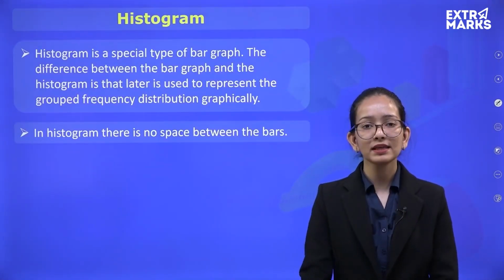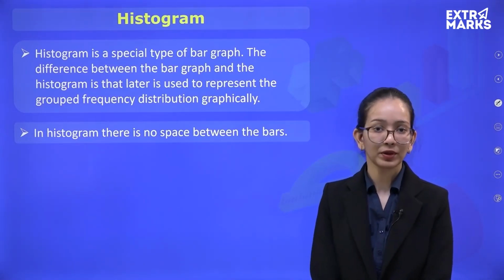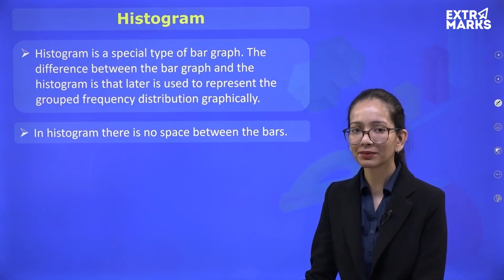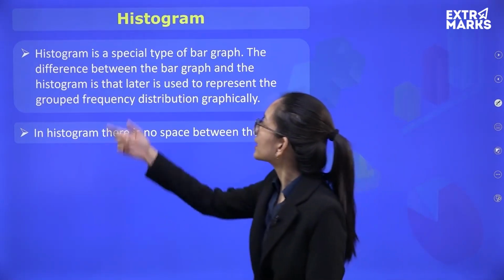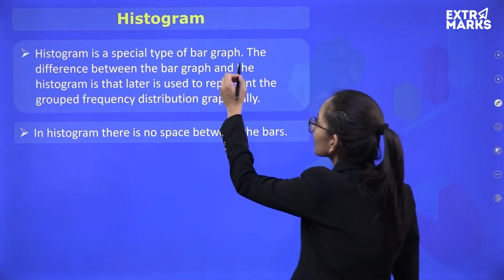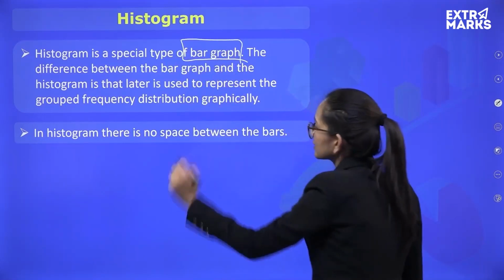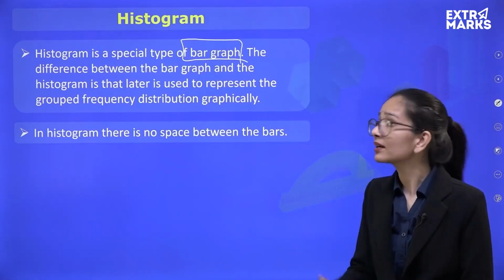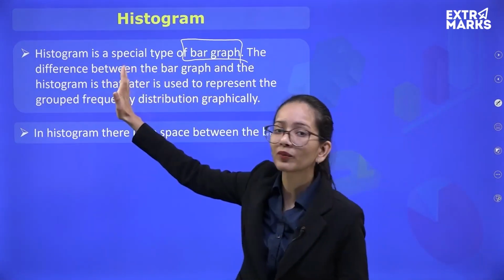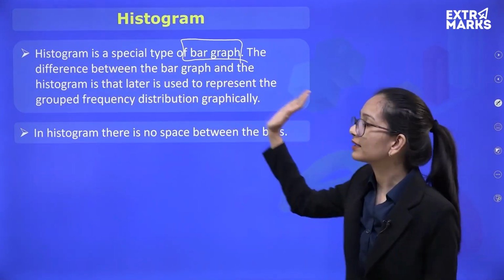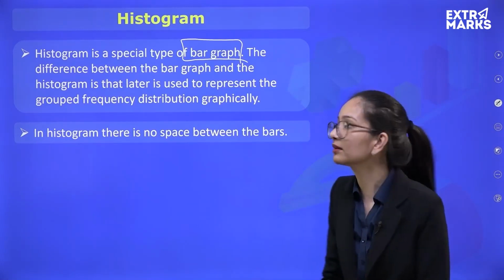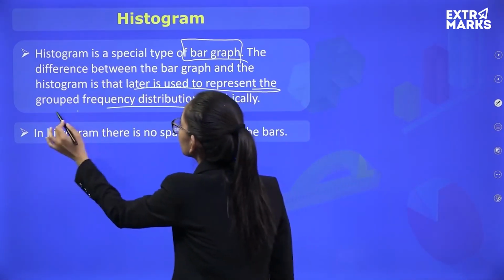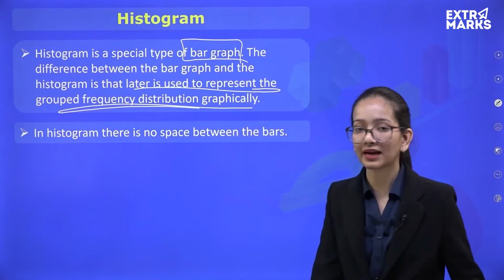Now, let's see what is histogram. You have already learned about bar graph. It is similar to that only. So, histogram is a special type of bar graph. What kind of special is there? The difference between the bar graph and the histogram is that histogram is used to represent the grouped frequency distribution table graphically.